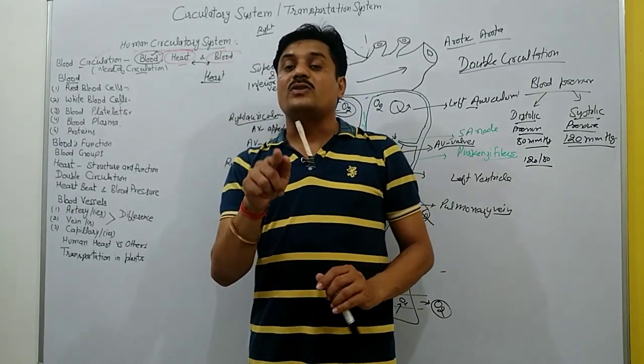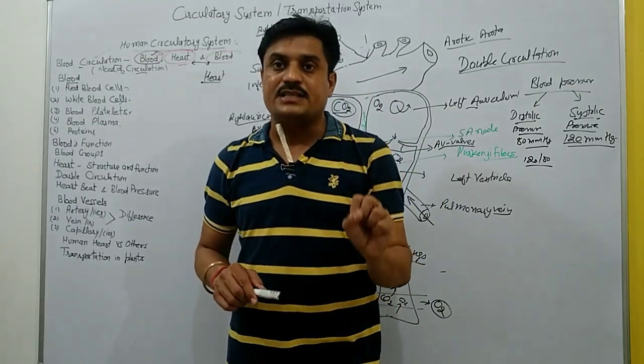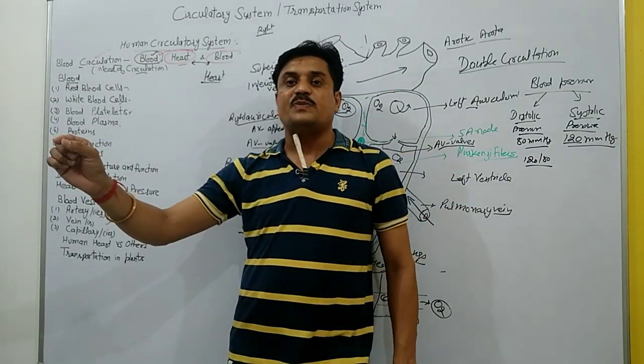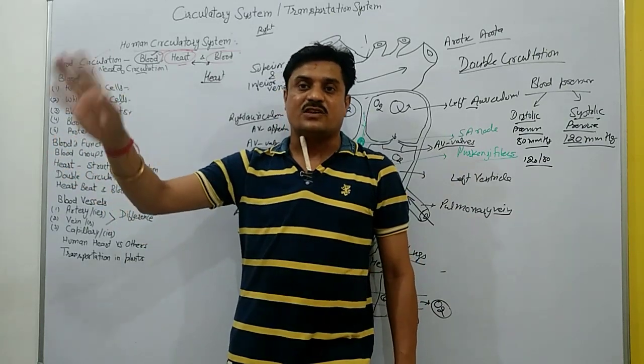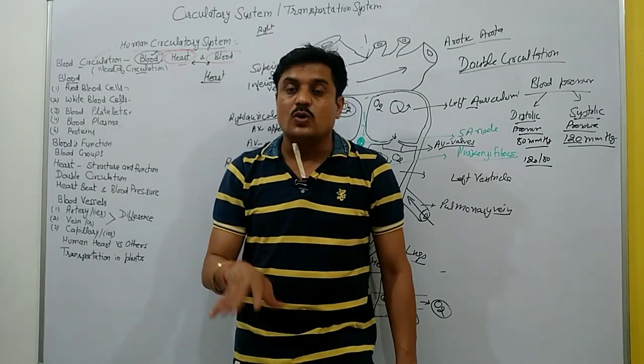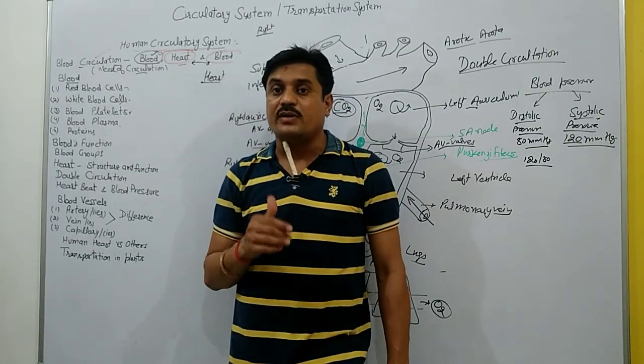And when the supply of oxygen is lowered, respiration and the production of energy are also affected. The supply of nutrients also falls. So whenever there is low blood pressure, be very cautious immediately.